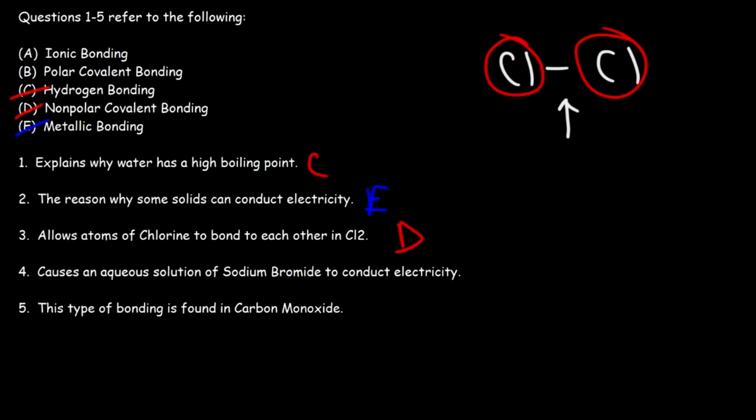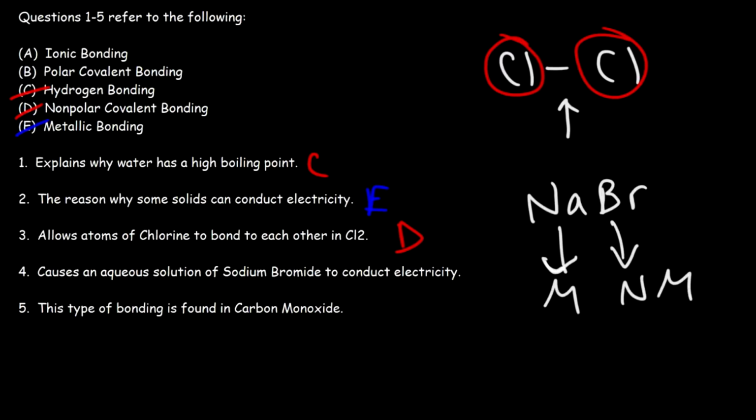So which of the following types of bonding allows an aqueous solution of sodium bromide to conduct electricity? Now, sodium bromide is composed of a metal and a nonmetal. Whenever you have a metal paired up with a nonmetal, they form an ionic bond.